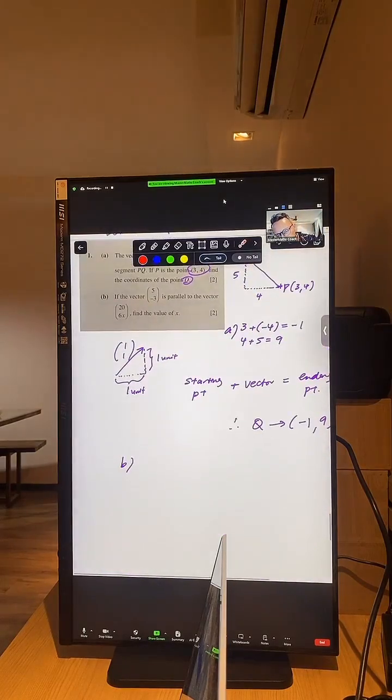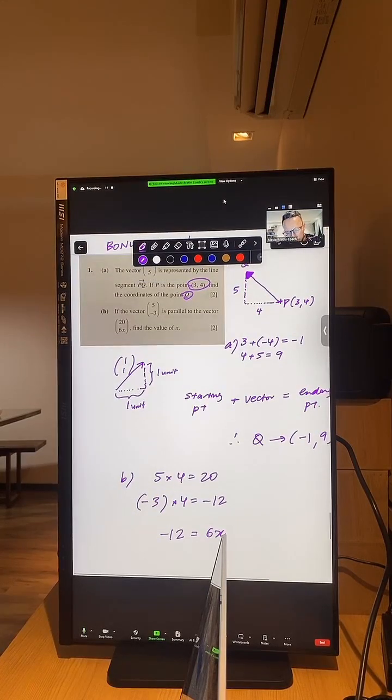We know that 5 times 4 equals 20. So this 4 over here, you take your negative 3, you times 4. Negative 3 times 4 gives me negative 12, and negative 12 equals 6x.